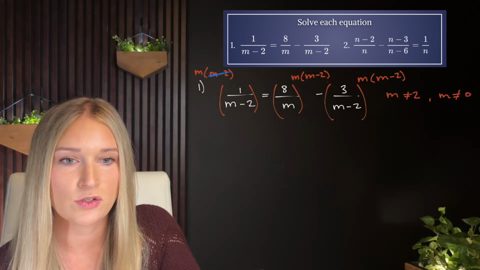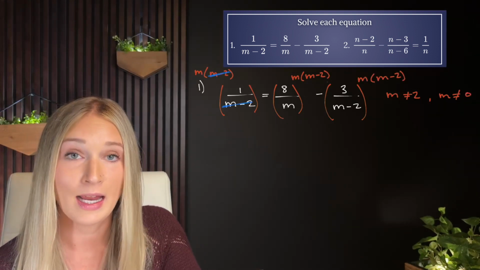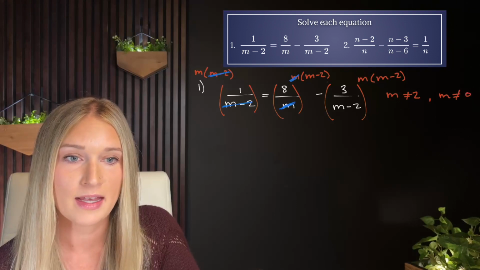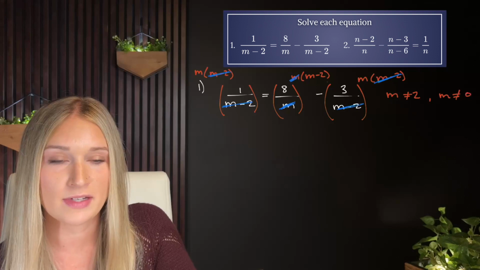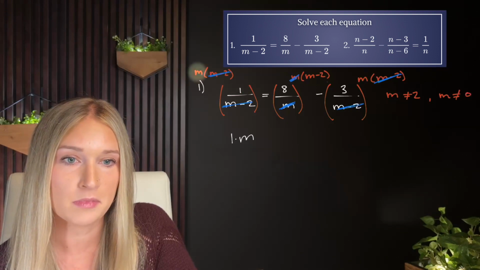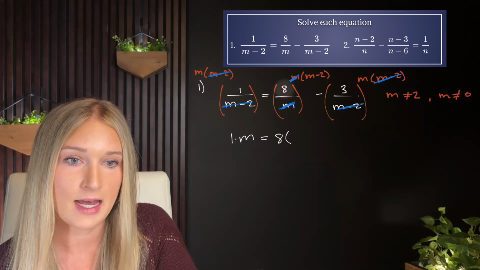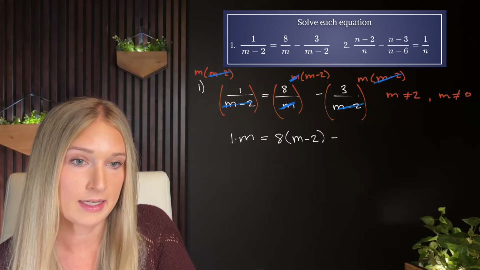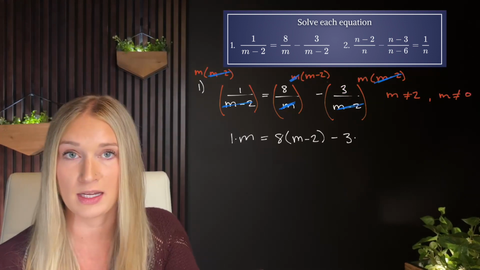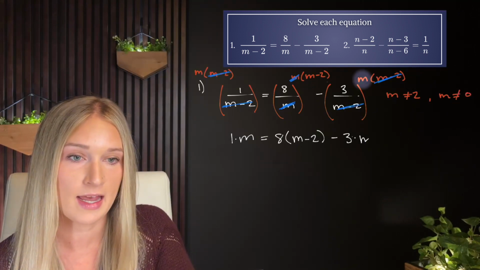My m minus 2 reduces in that first fraction. In the middle, the m reduces, and at the end, the m minus 2 reduces. So on the left, I have 1 times m equals 8 times that remaining factor in the middle, m minus 2, minus 3 times the remaining factor here, which is just m.